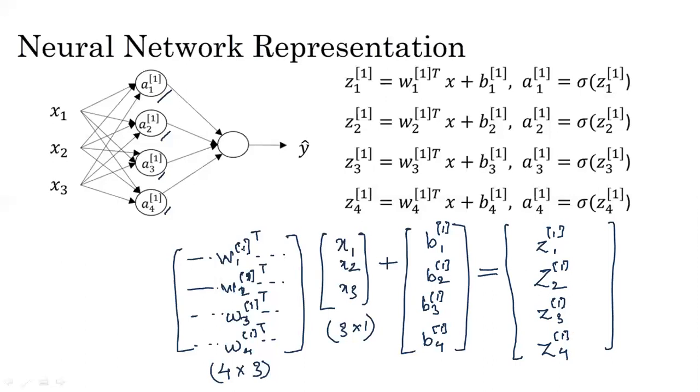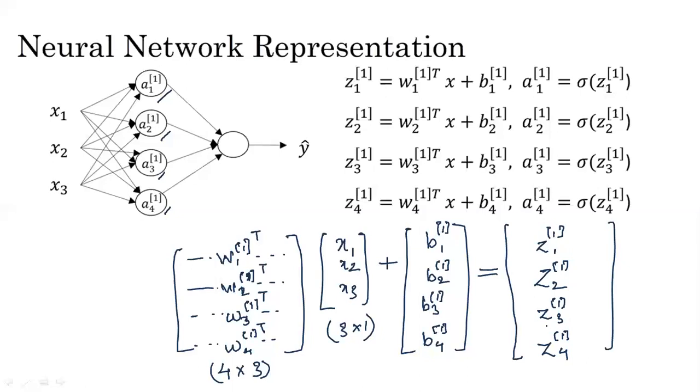Because this would be W11 transpose into X plus B1, W12 transpose into X plus B12, and that would be equal to Z11, Z12, Z13 and Z14.